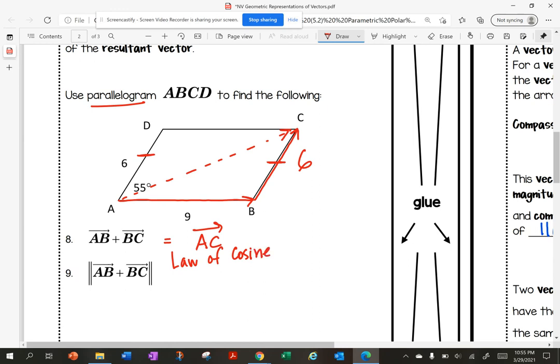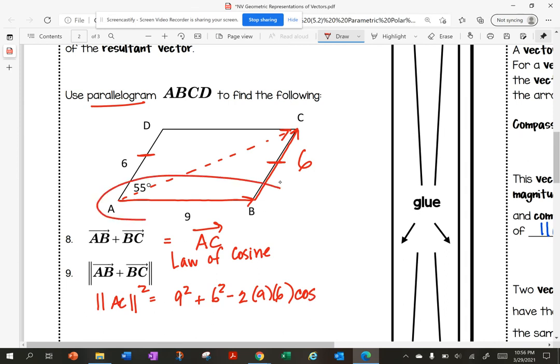The law of cosines is going to say the magnitude of vector AC squared, since I'm finding a side, is my two sides squared, 9 and 6. So this is going to be 9 squared plus 6 squared minus 2 times each side, 9 times 6, times the cosine of the angle in between.